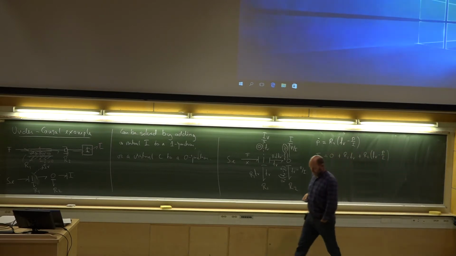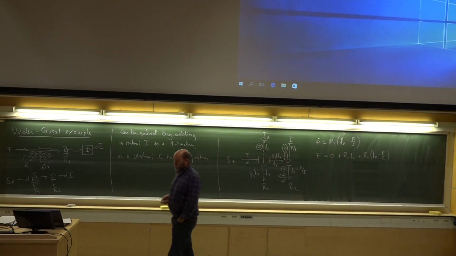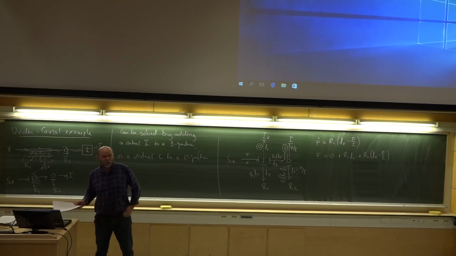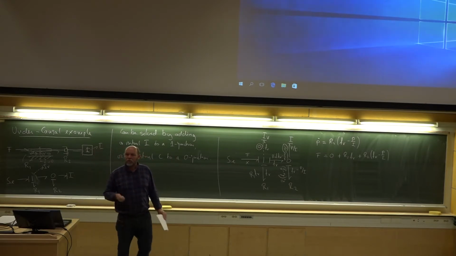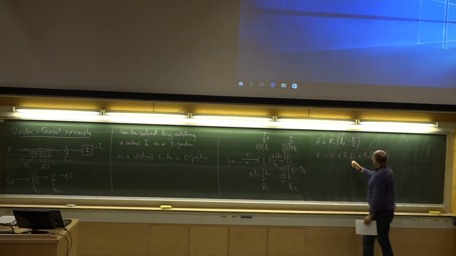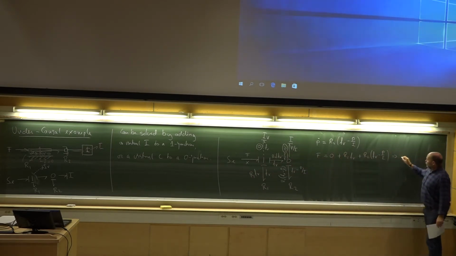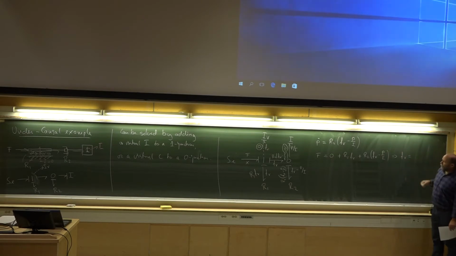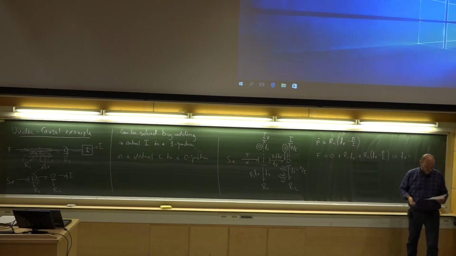There we have it. So the second equation is just an algebraic equation for the virtual flow. From this one you can find F virtual, and then finally insert it into the first one.